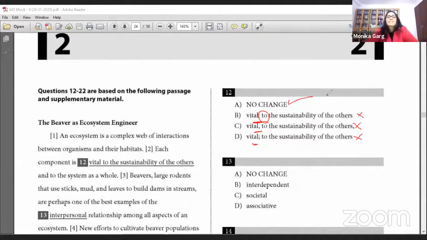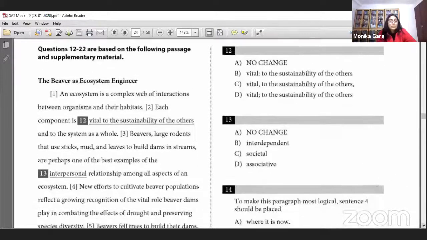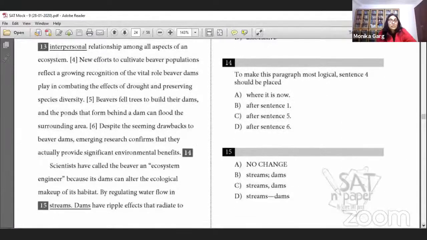So obviously answer has to be A. This is a very, very, very simple question on punctuation. Moving on, one more question on punctuation, please. Yeah, question number 15.